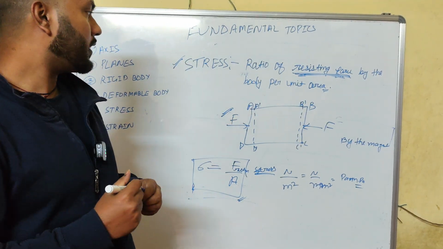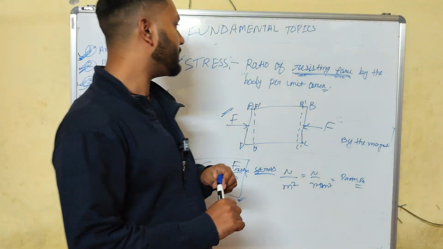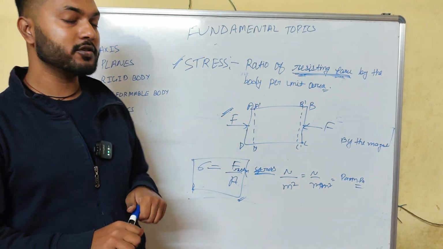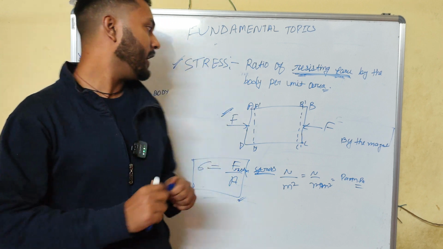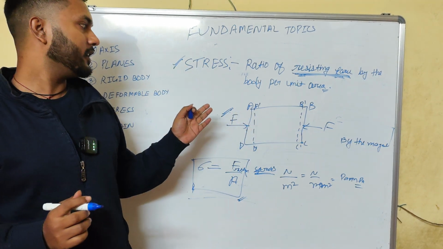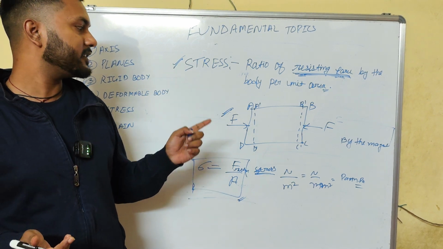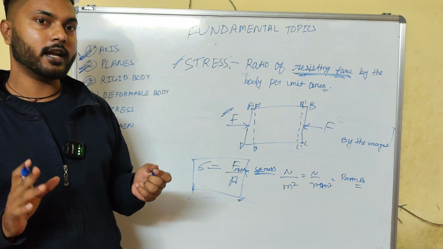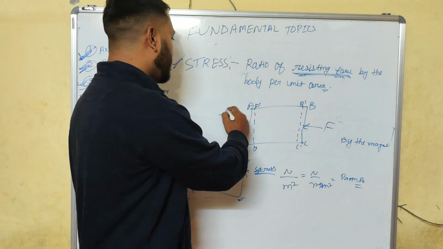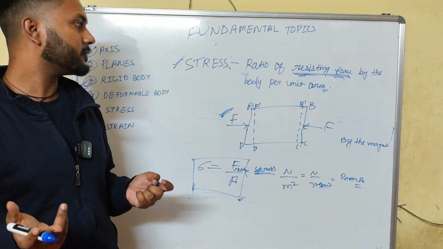Now one more thing, that is strain. One thing comes to your mind, which one comes first? As the body dimension changes, initially it was A, B, C, D, and finally it becomes A dash, B dash, C dash, D dash. So the body dimension has been changed. What comes first, stress or strain? That is the big question.